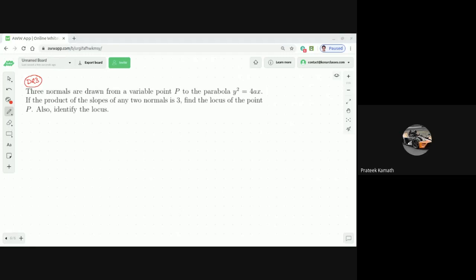Locus is an ellipse, x square by a square plus y square by b square is 1. Okay, it looks like it is not the correct one. Anyone else able to find the solution? So let me help you to understand one by one. It is not an ellipse, by the way.